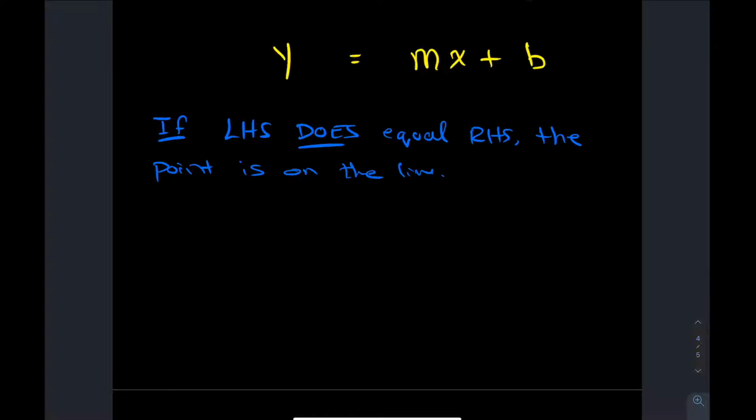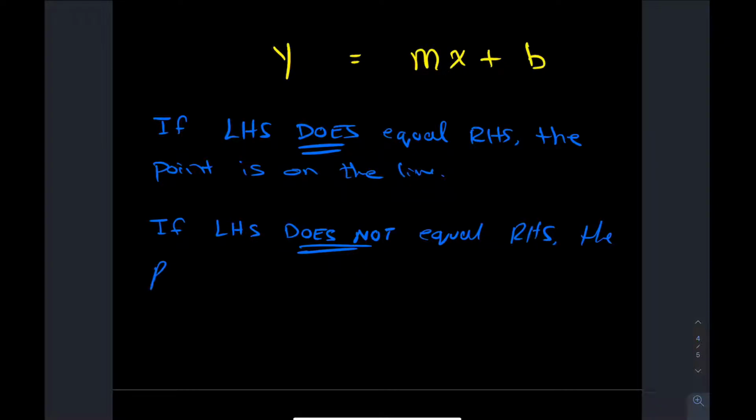And then if left-hand side does not equal right-hand side, the point is not on the line. Okay. So let's see this in practice.